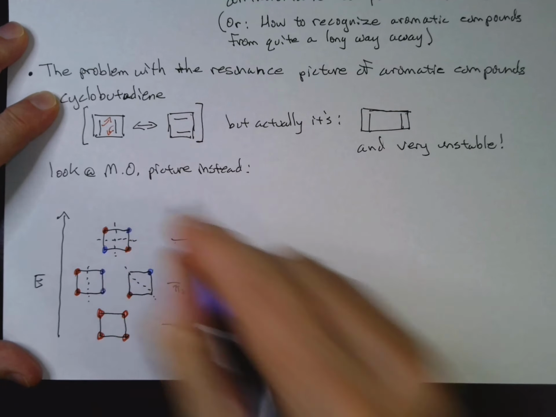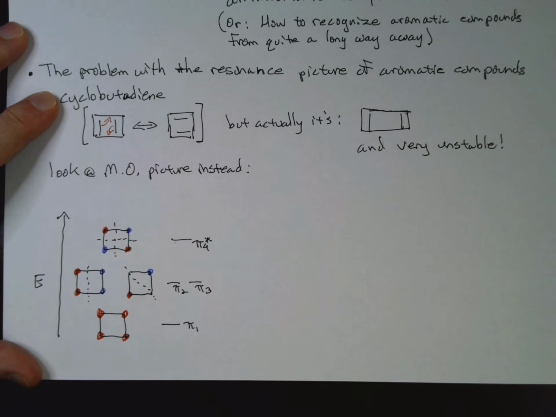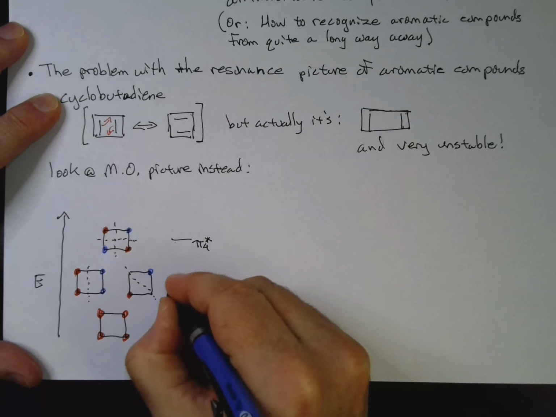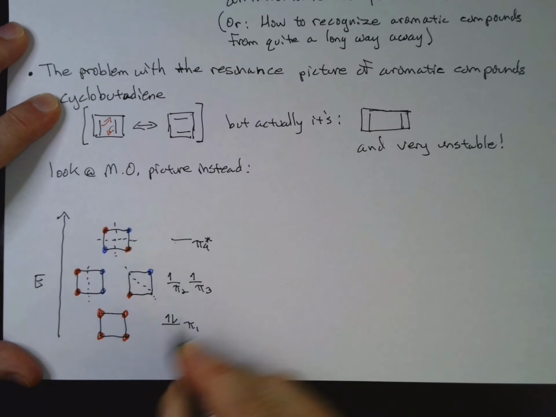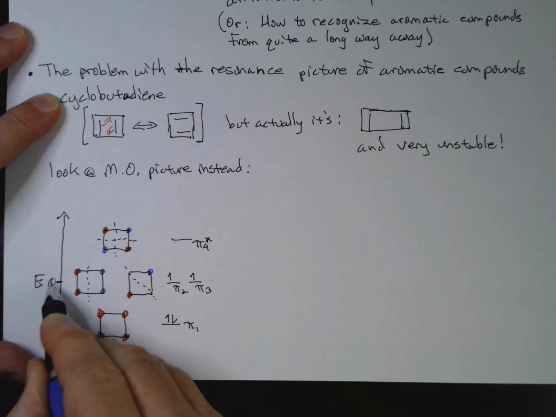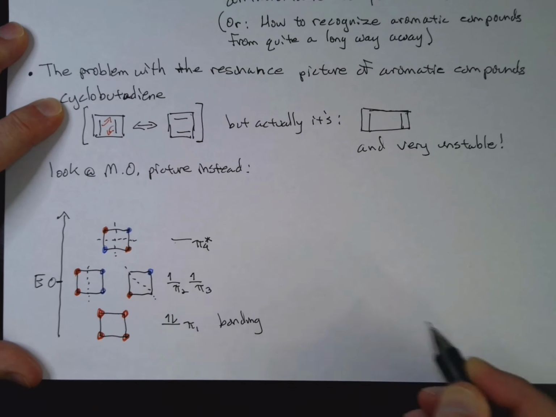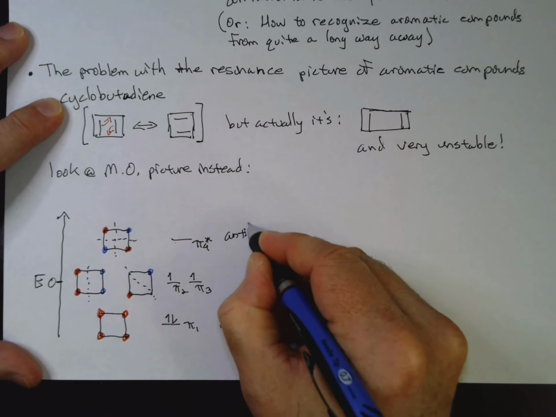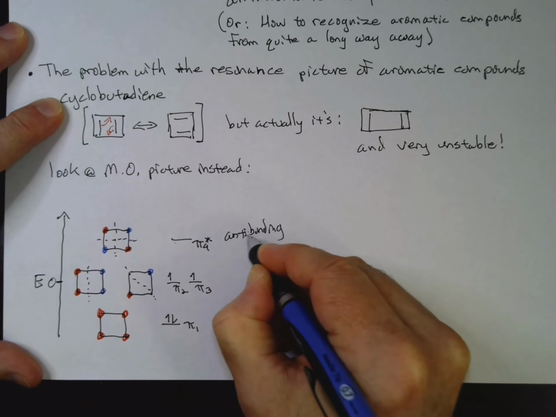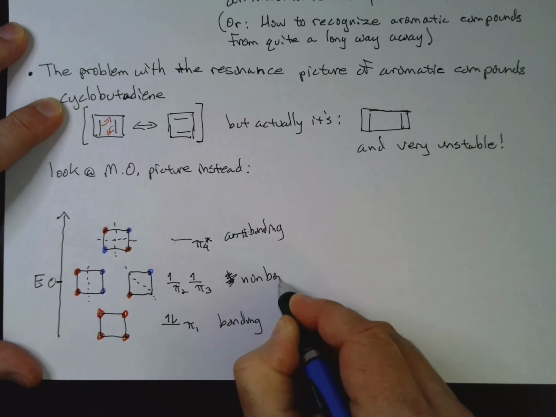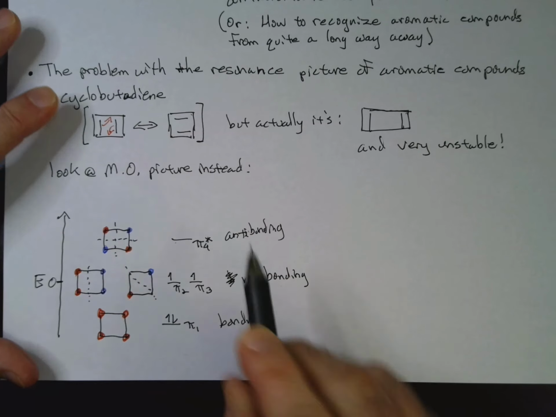Sorry about that. Hold on, I need more coffee. All right, and now we can fill in these orbitals here. So 1, 2, 3, 4. This is our 0 of energy here. So here we have a bonding orbital. Up here we have an anti-bonding orbital. And in the middle we've got non-bonding orbitals.